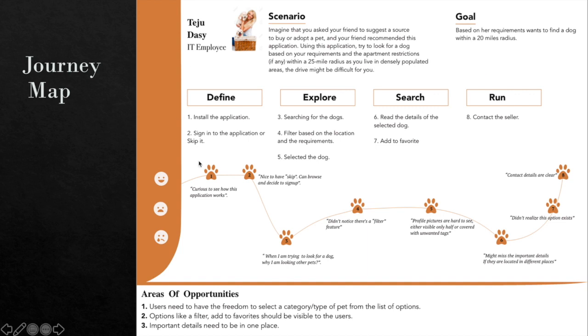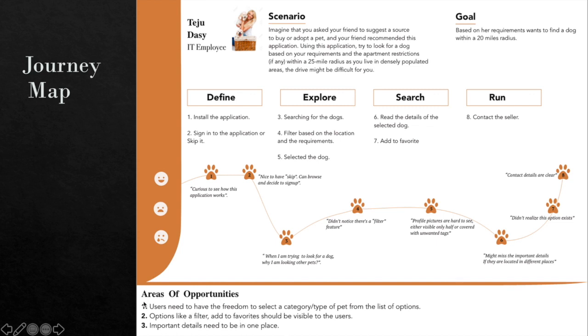And if you see this, define and explore are the step-by-step procedure to complete this application, and these are the emotional reactions by the user, whether they are happy or not, or it can be defined as those tasks, those steps are easy, and these steps are not easy to complete to achieve this goal.